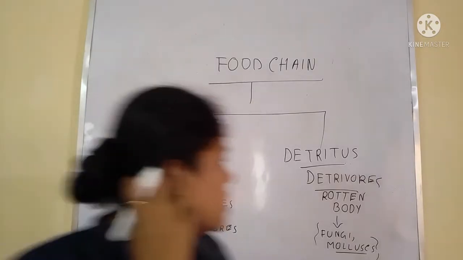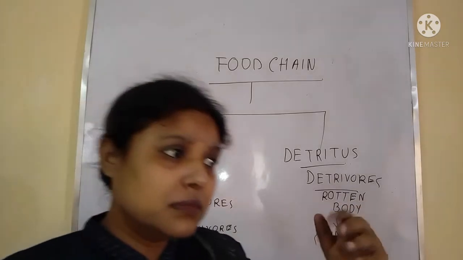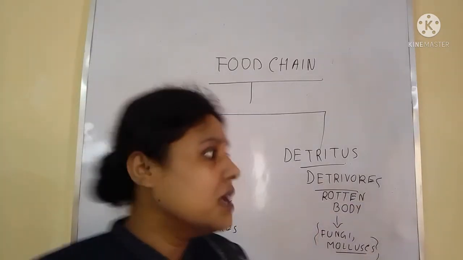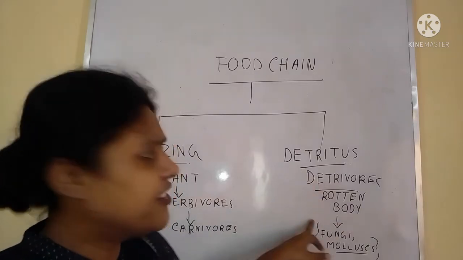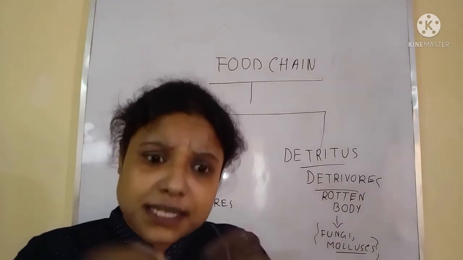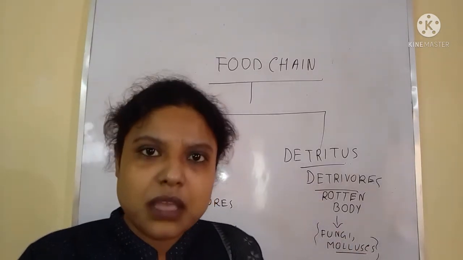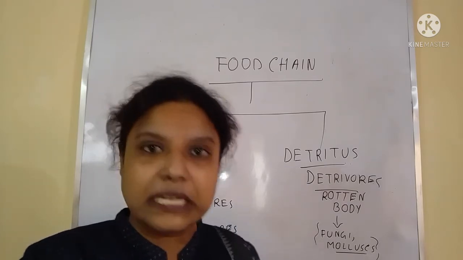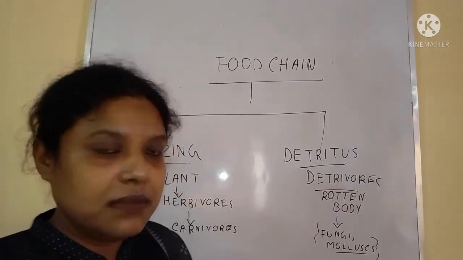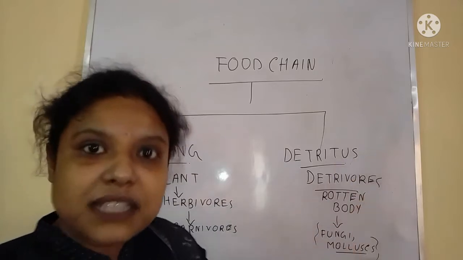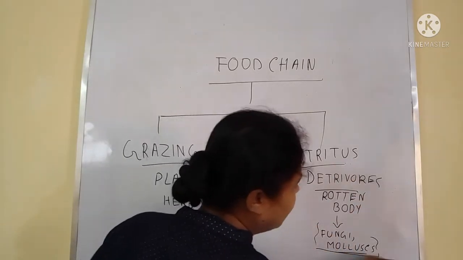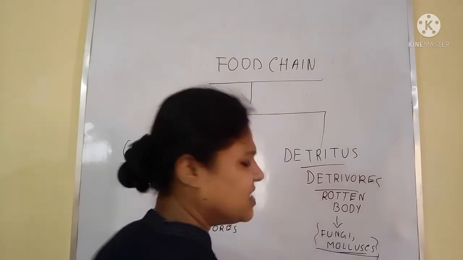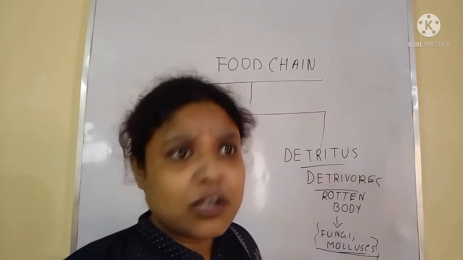Okay, so when the energy forms from the dead body into the minerals, this is the place of reservoir of energy, and the energy from there is actually first taken by the fungi and the mollusks and bacteria and other saprophytes.